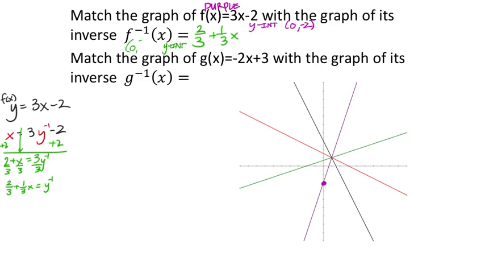It'd be at 0, 2/3. And the only line that looks like that would be the green one. And then you could say it goes up 1 to the right 3, up 1 to the right 3, up 1 to the right 3. That's fine. Either way, I see that the inverse of f is the green line.